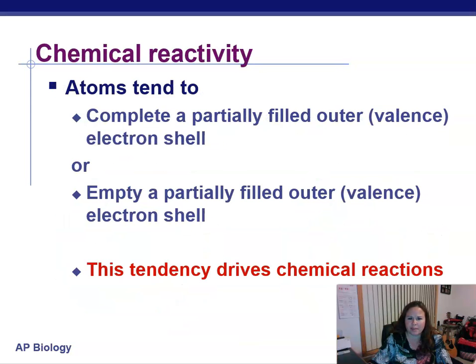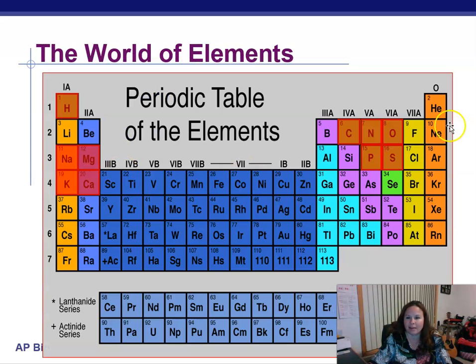So you have to remember this, that in order to be happy, atoms like to have a full outer level. The first level, the first shell, can only hold 2 electrons. So if it has 2 out there, like for instance helium has 2 in its first and last level, since it's such a small atom, there it is right there, the 2 out there makes it happy.